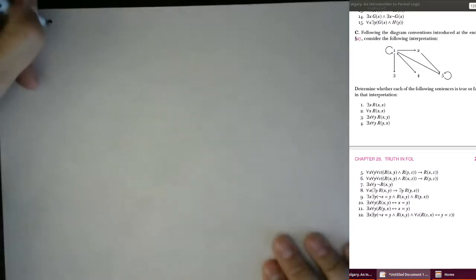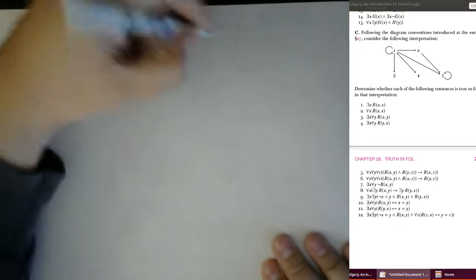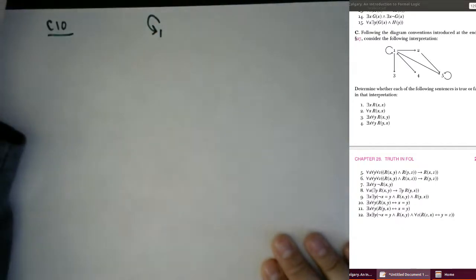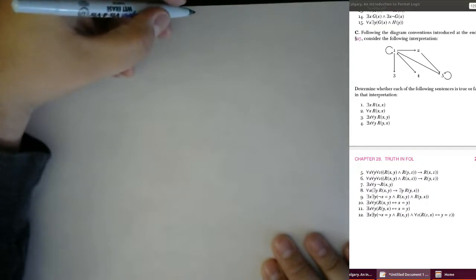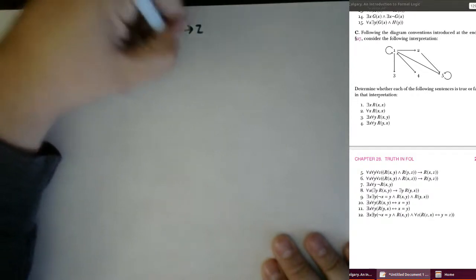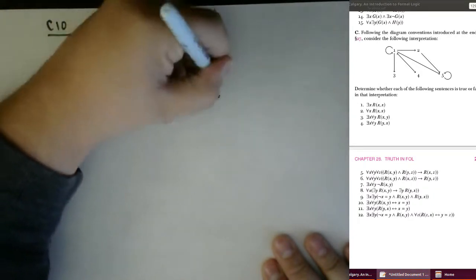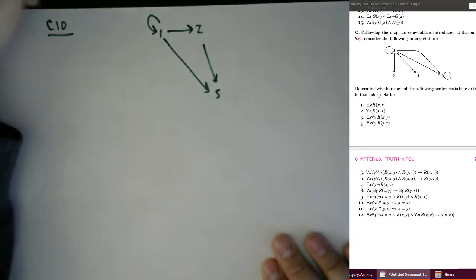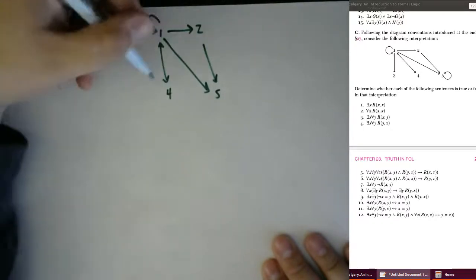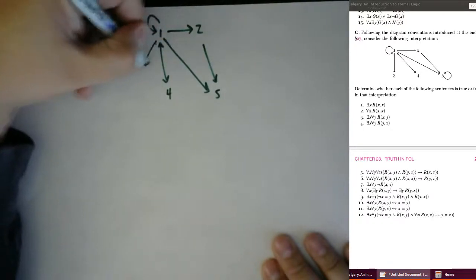Let's look at C10. Again, we have this same interpretation: 1 mapping to itself, to 2, to 3, to 4, to 5. 2 maps to 5. We have 1 and 4 kind of symmetric, and 1's mapping to 3.